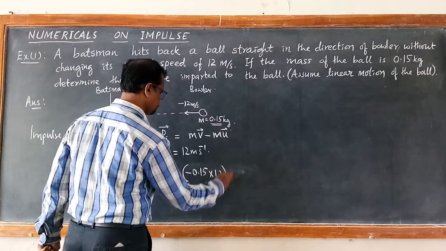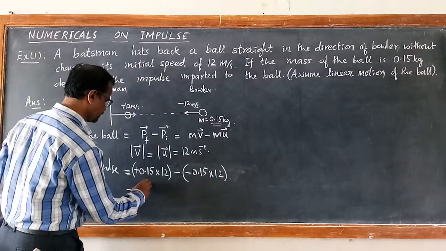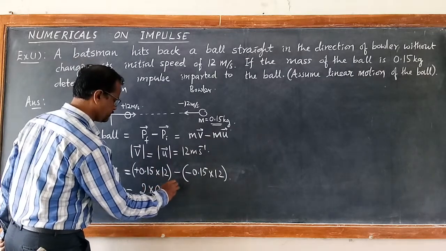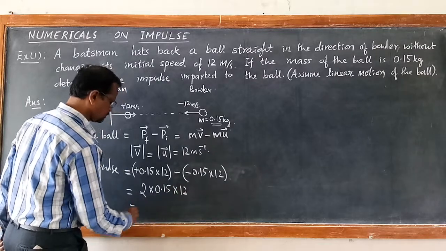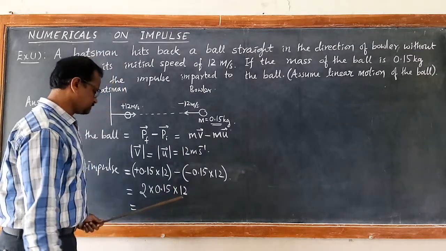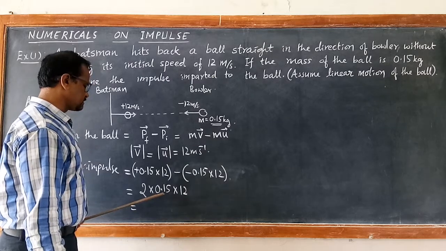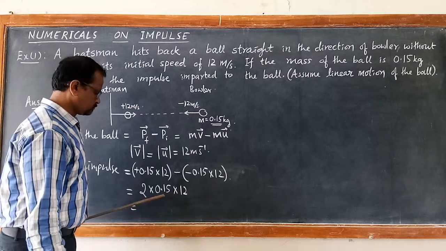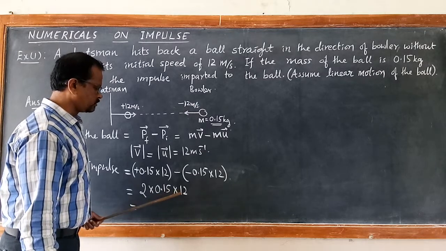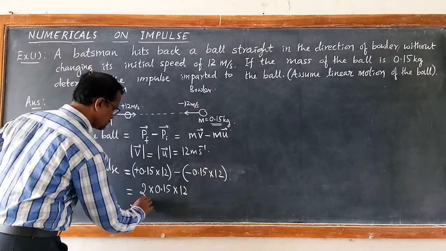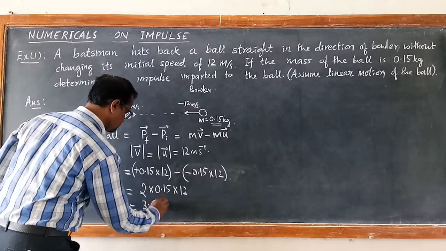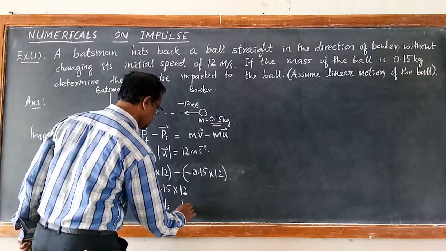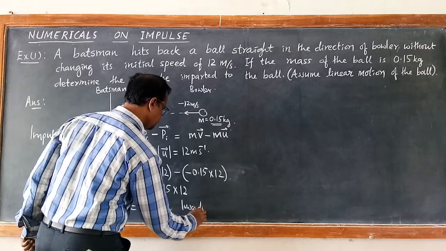So minus of minus becomes plus, and it becomes 2 times 0.15 into 12. So this gives us the impulse. 0.15 into 2 becomes 0.3, and 0.3 into 12 becomes 3.6 Newton second. And the direction is towards the bowler.